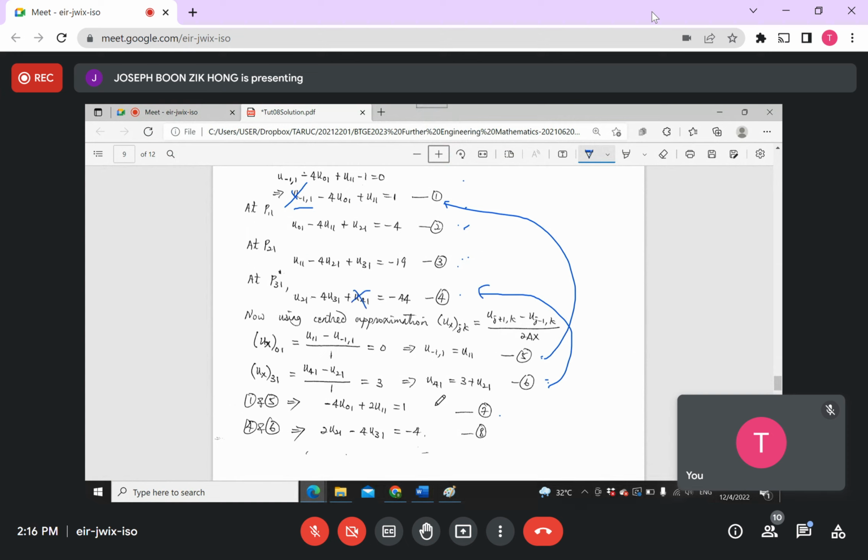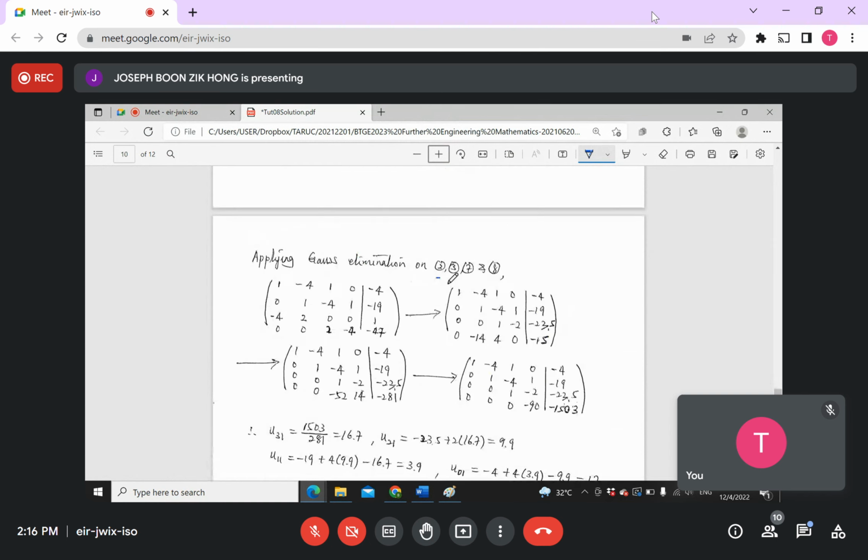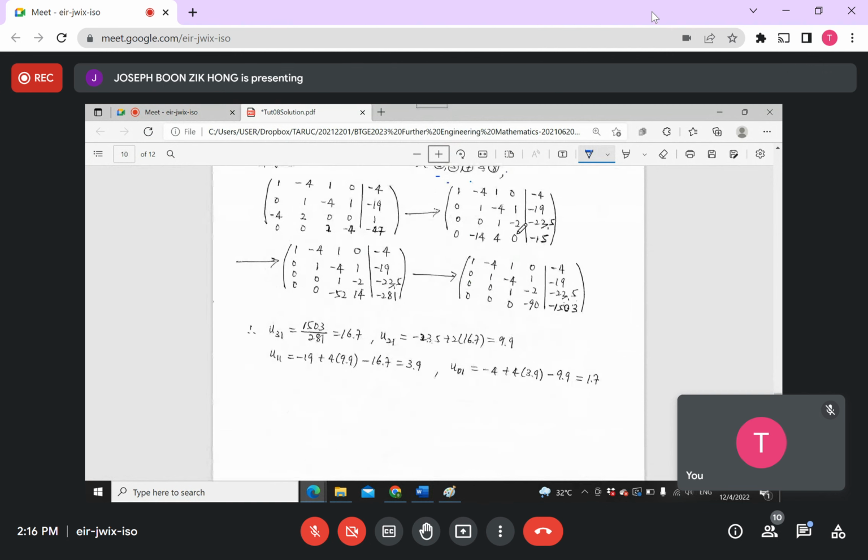So you will have equations 7 and 8, and combining 2, 3, 7, 8, you use Gauss elimination or a matrix calculator online, you can get the answer for u11, u01, u21, u31. Have a look.